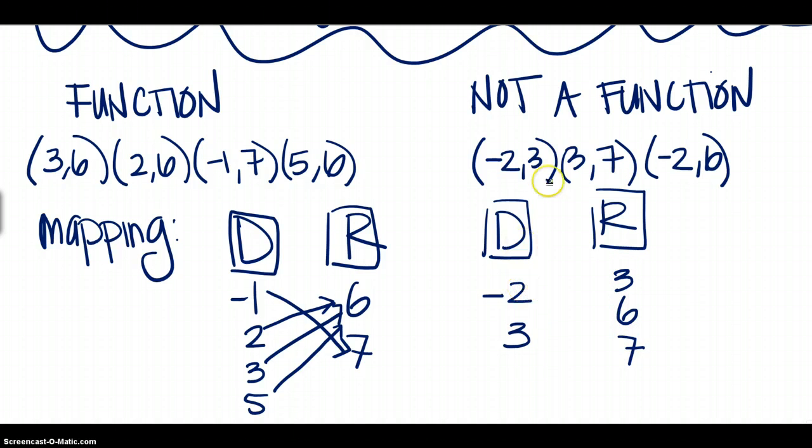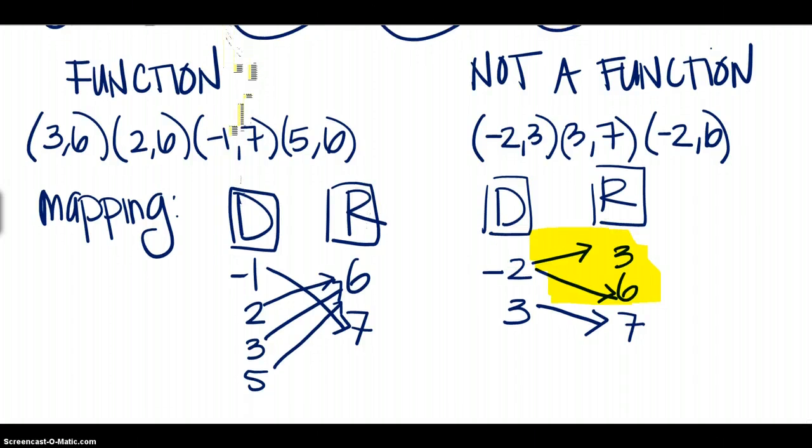If I look at my first point, 2 goes with 3. 3 goes with 7, so far we're okay. And then -2 goes with 6 as well. Because -2 goes with 3 and 6, that is why it is not a function. There are 2 y values for 1 x value, right? And that would not work for a linear equation either.